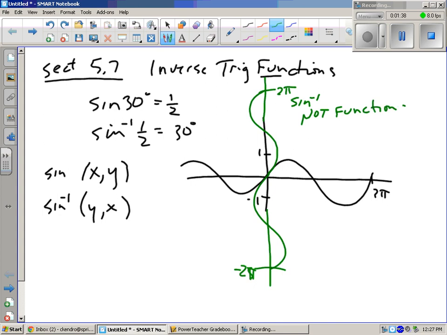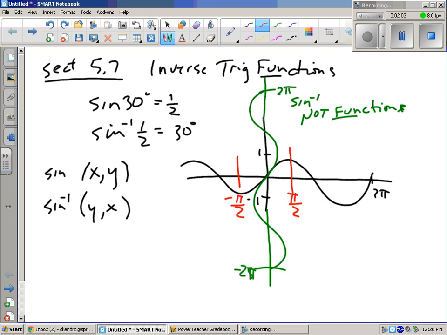And scientists don't like non-functions because you get many, many answers. They only want one answer. So to alleviate that problem, we're going to restrict the domain. We're going to only allow points to be put in between here and here. This is pi over 2, and this is -pi over 2.